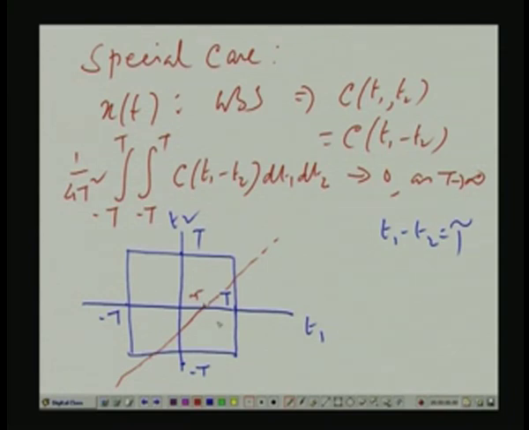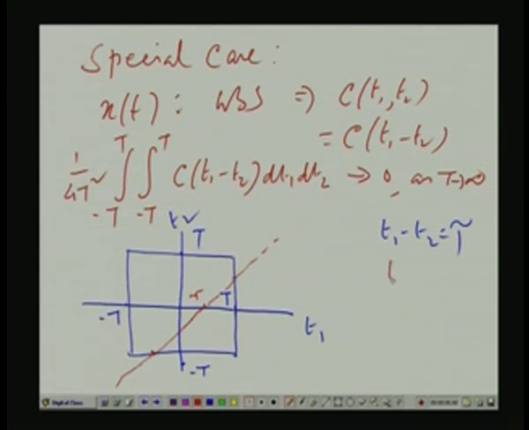And so, over this line, this function has the same value, because over this line t1 minus t2 is constant tau. So, I have a constant value C(tau) over all the points from here to here, all the points within the square.